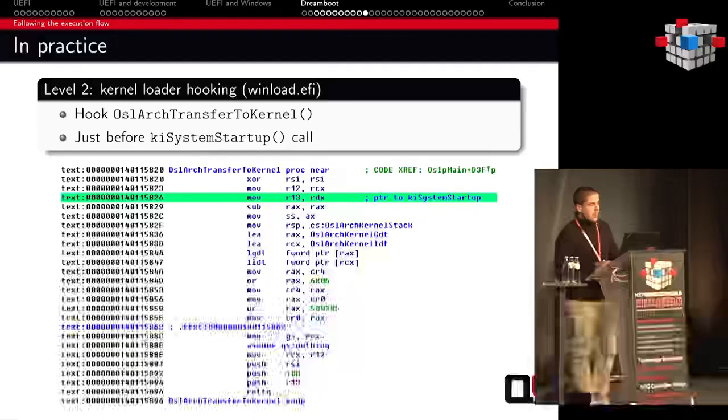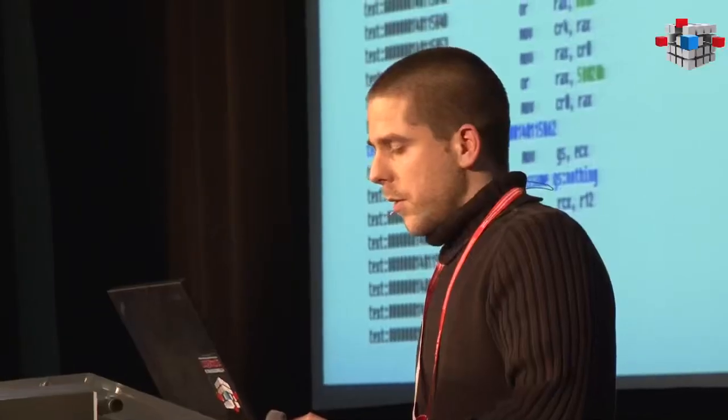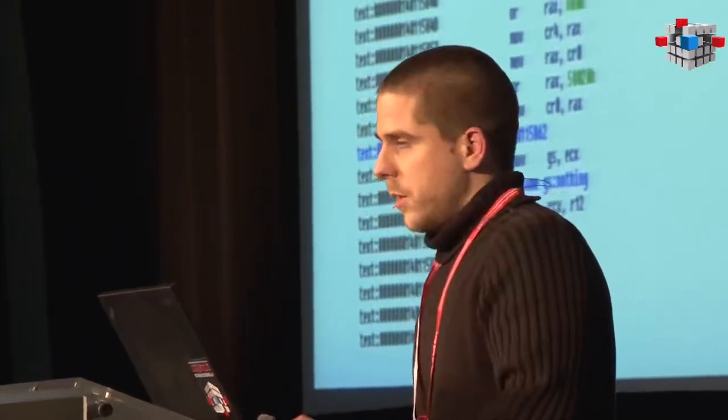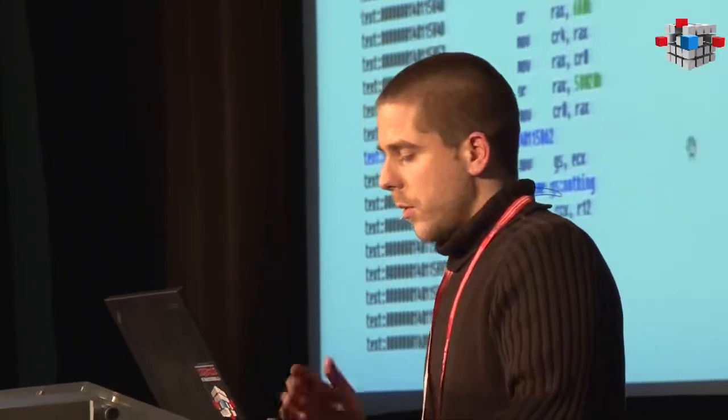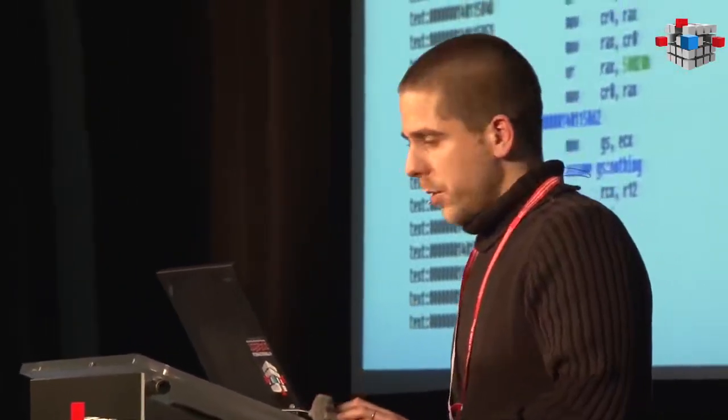It's exactly the same procedure as with the first bootloader. We will patch the OslArchTransferToKernel function just before the kernel entry point is called. The call is made there with the call rax instruction. So we just have to replace the instruction with ours, and everything is okay. And next, from our hook, we will call the kernel entry point.